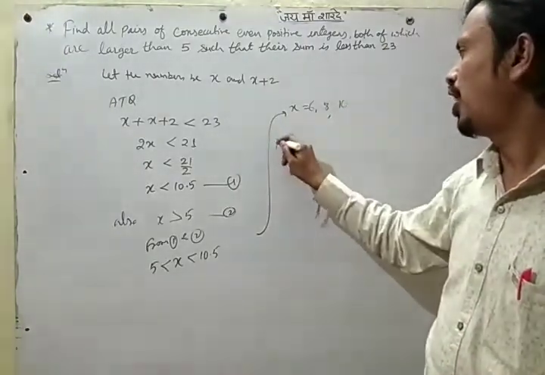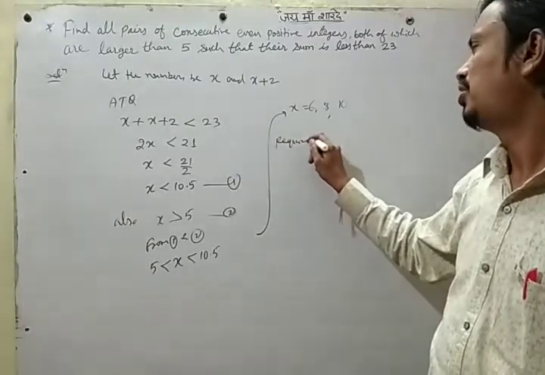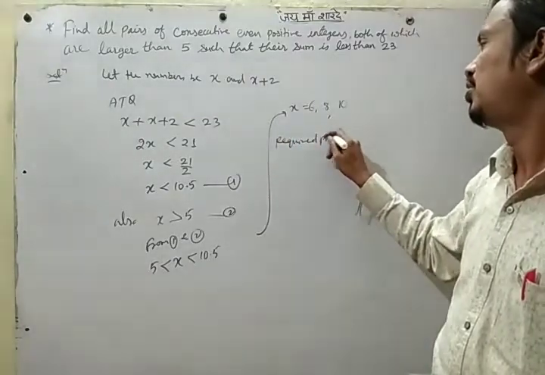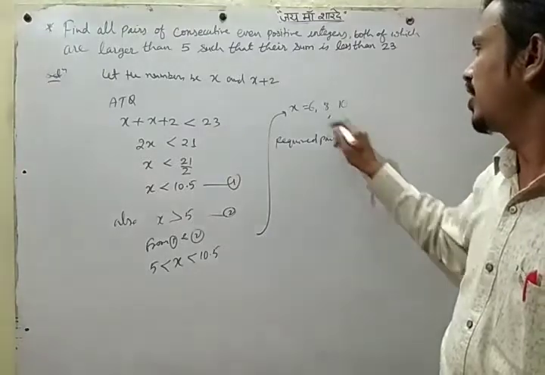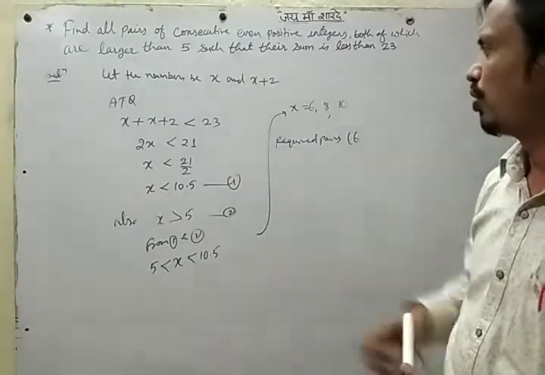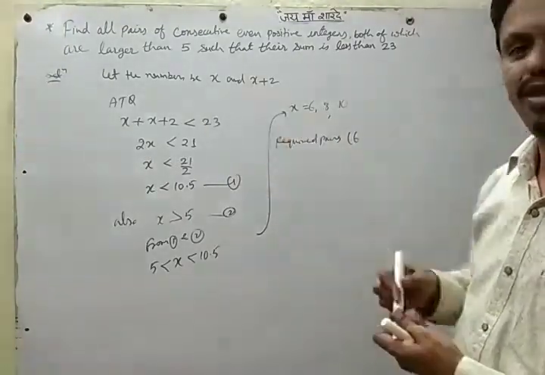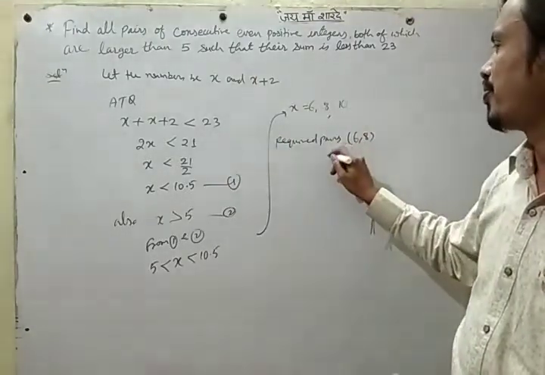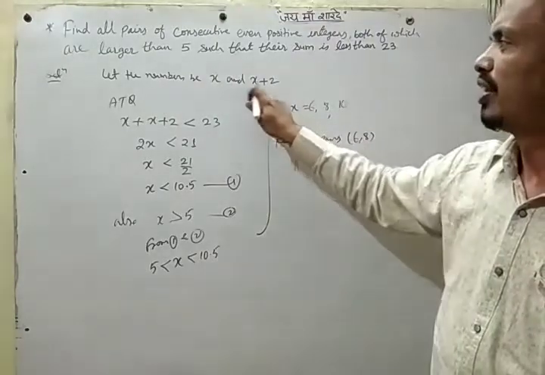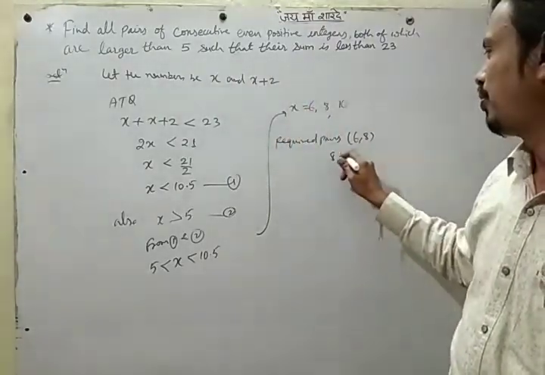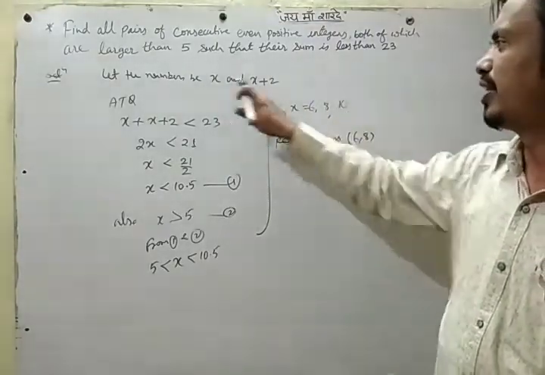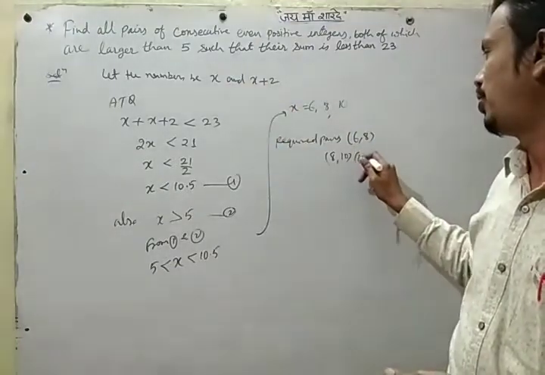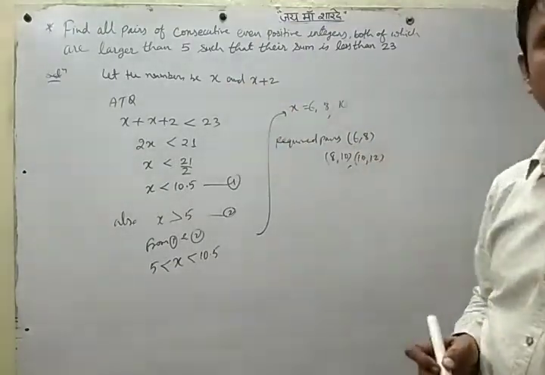So your required pairs will be: if x is 6, then 6 and 6 plus 2 is your number pair, 6, 8. If x is 8, then 8 plus 2. If x is 10, then 10 plus 2. So these are our required pairs.